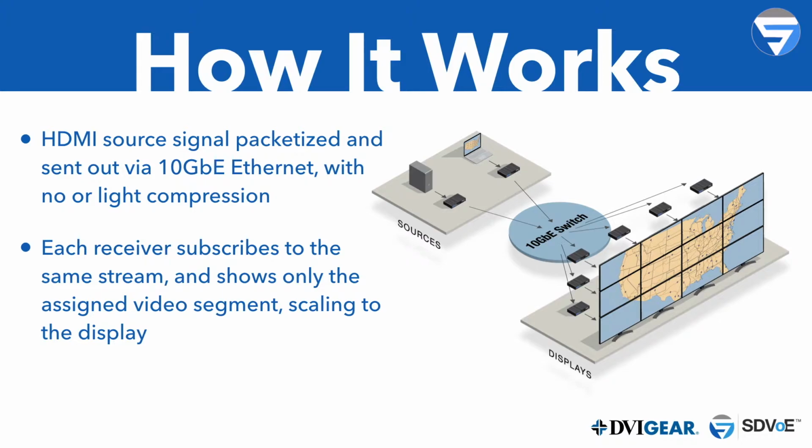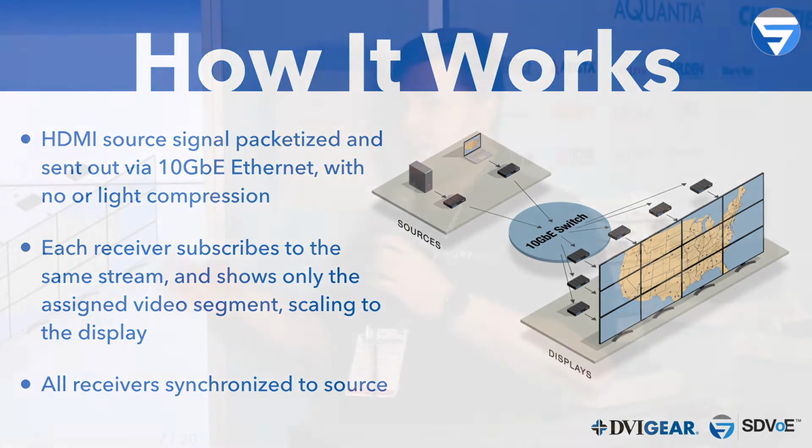Now, what this means is that all of the receivers are synchronized to one signal, which enables immense synchronization across the displays down to the point where they are resynchronizing each other in the wall configuration down to the line level. And that offers benefits over the software approach that we discussed earlier, where you have multiple PCs that are synchronized via software. You don't have that hardware level synchronization that you get with an SDVoE system between the graphics cards and a PC.